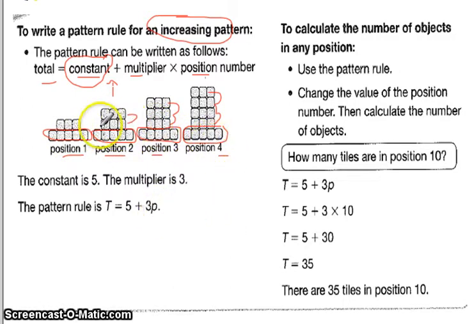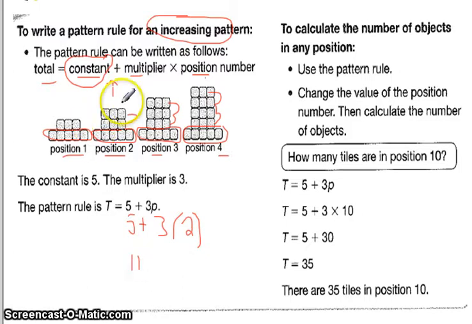So our pattern rule is going to be like this. It increases by 3 each time, so that's our multiplier. Now, what position is it in? This is position 2. So 3 times my position number, which is 2, plus my constant, which is 5, is going to give me my total number of tiles. If I plug that into the formula, I have 5 plus 3 times my position number, 2. 3 times 2 is 6, and 6 plus 5 is 11.